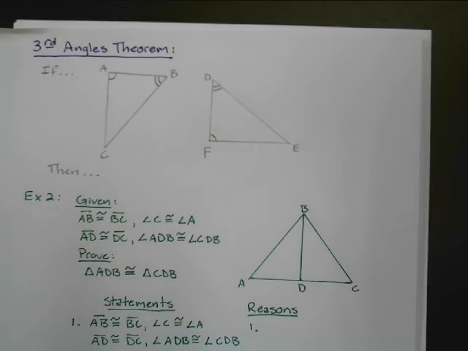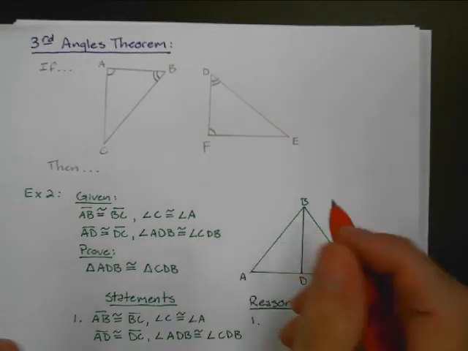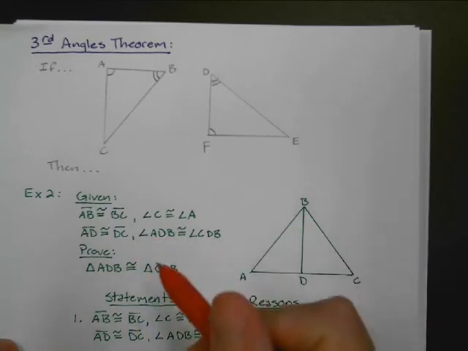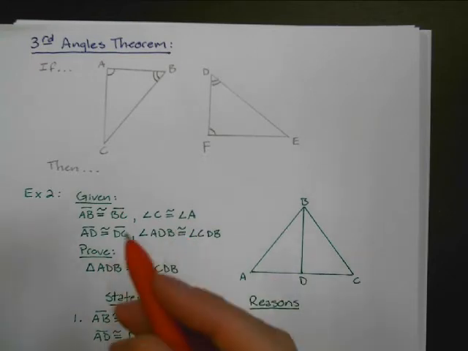All right, so we've already talked about the triangle sum theorem. The triangle sum theorem says that the three interior angles of a triangle have to add up to 180 degrees. Well, here's what the third angle theorem says.